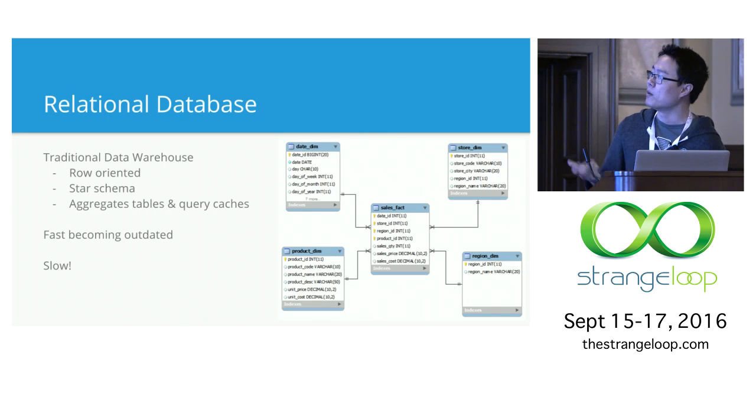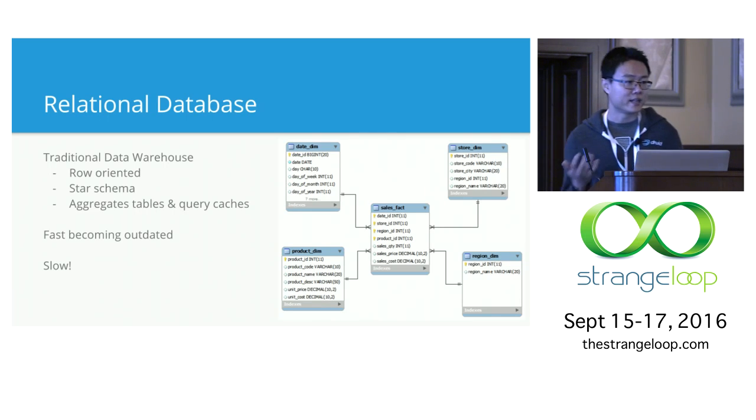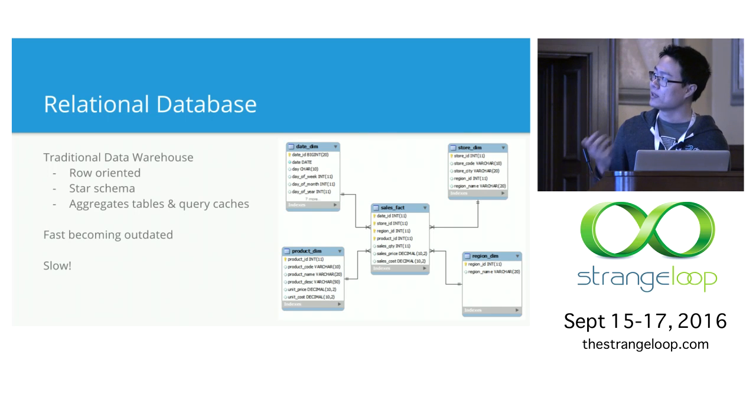I don't see many companies using this model anymore. It was very, very popular maybe about 10 years ago. The reason this is becoming less and less popular is because of the performance implications. As data scales, this way of modeling data with a relational database just tends to be very, very slow. Before we actually started working on Druid, we first tried using a relational database.